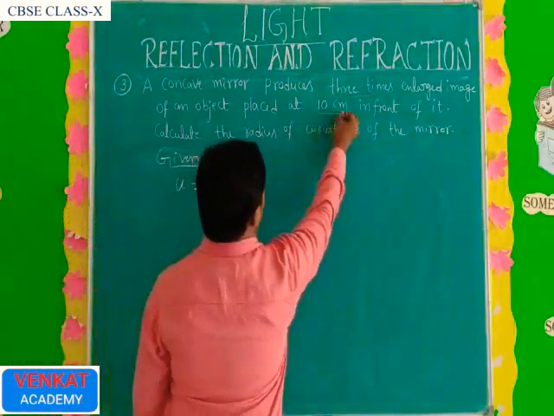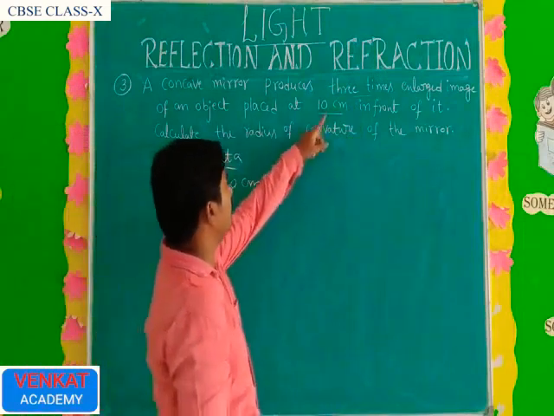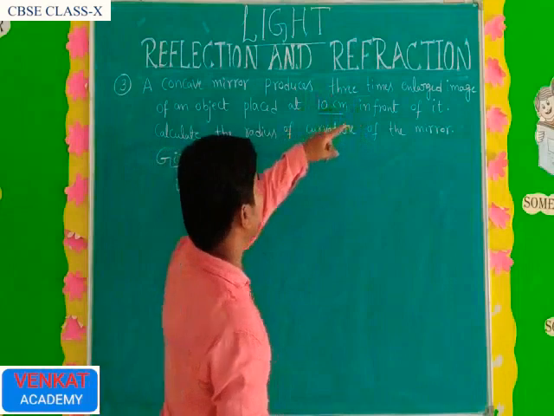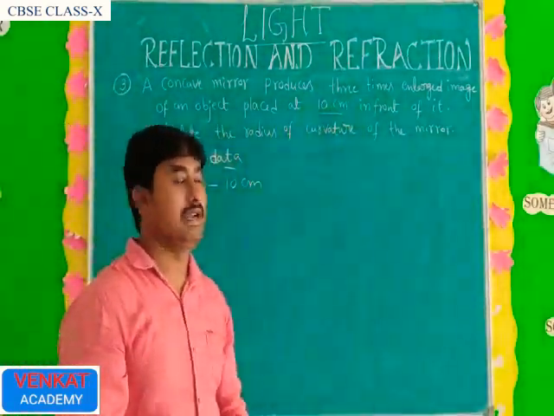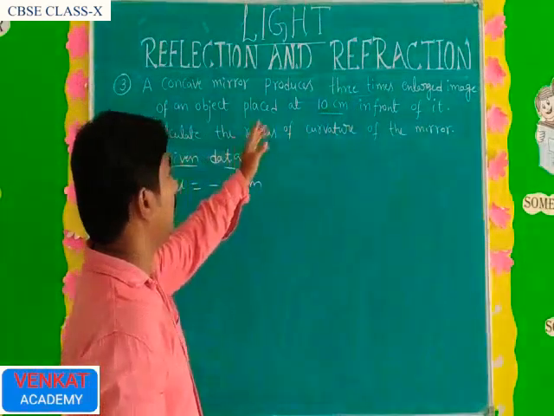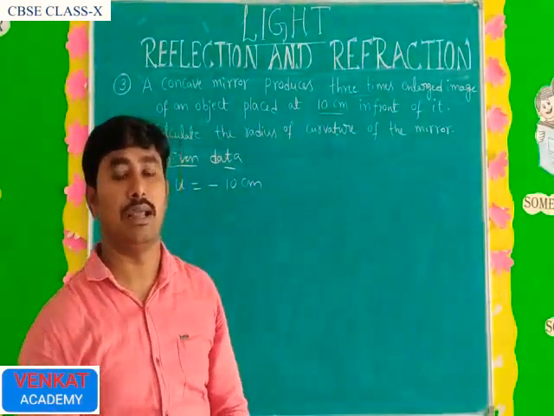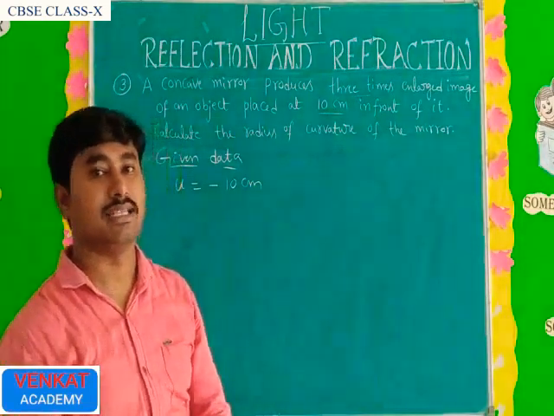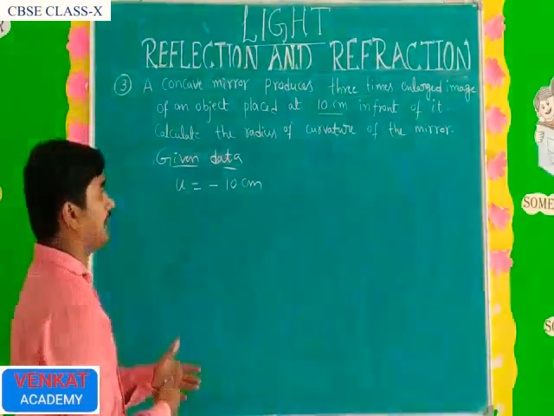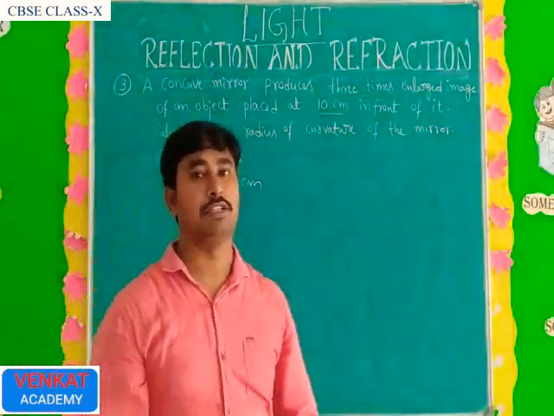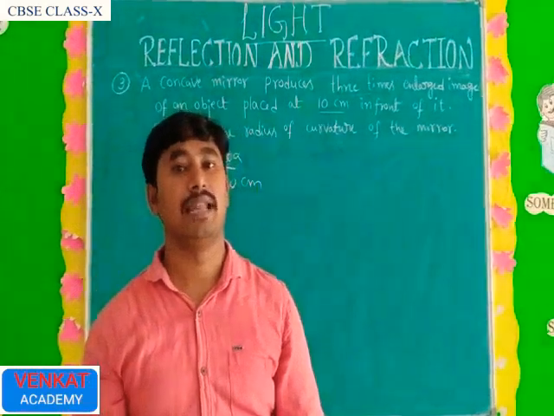Next, what is the second clue here? 3 times enlarged image of an object. As already explained, if they say the image is 3 times the object, or 1 by 2 times, or twice, for that type of question you automatically write the magnification formula. What is the magnification formula? M is equal to minus v by u.